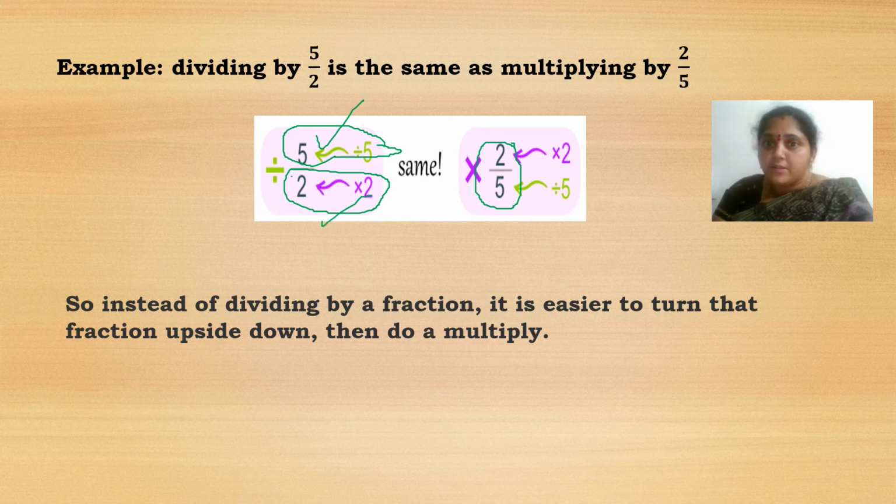When you are doing multiplication, the top number you are multiplying, the bottom number you are dividing. If you observe here, 5 divided by 5 is the same and 2 multiplied by 2 is the same. Now why get confused like this? That's why it is very easy: when you are doing division, just interchange the digits and then do the multiplication.